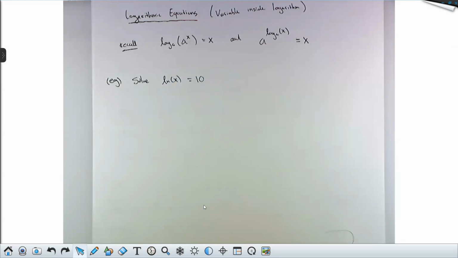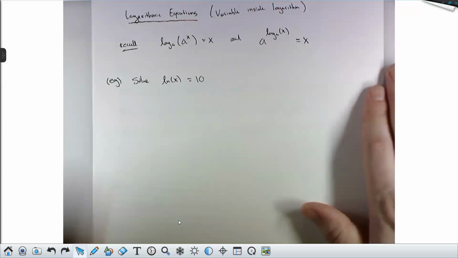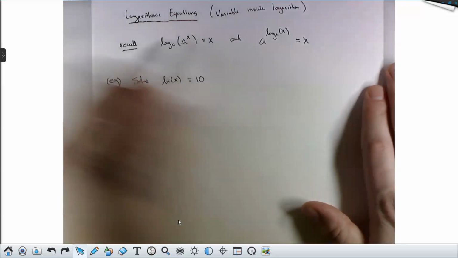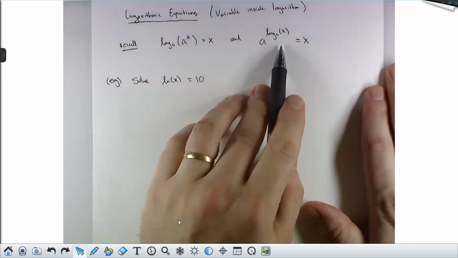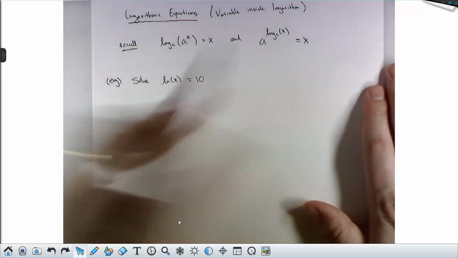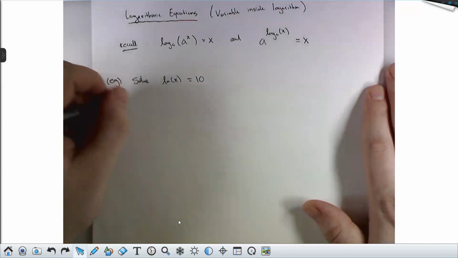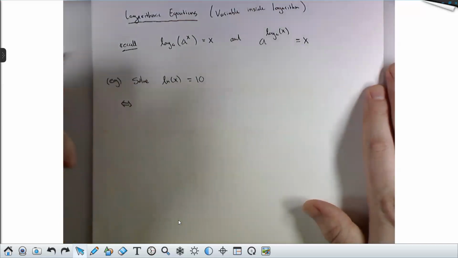Rather than fumbling through, give yourself a procedure that works, and then develop the intuition. So what I'm going to do here is use this property. I'm going to shove both sides in the power of the base of that logarithm.